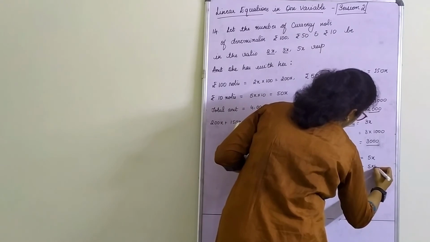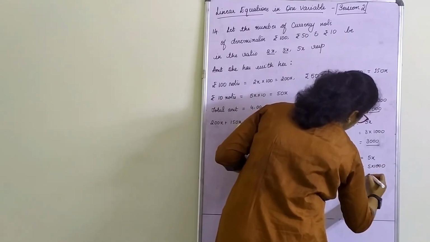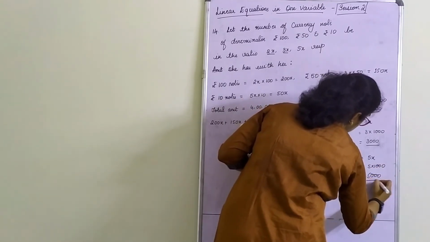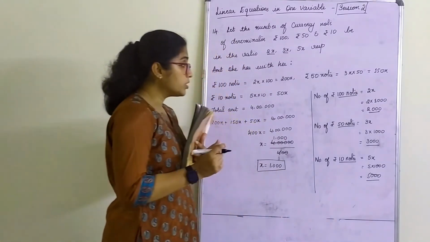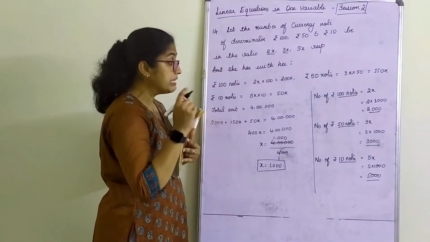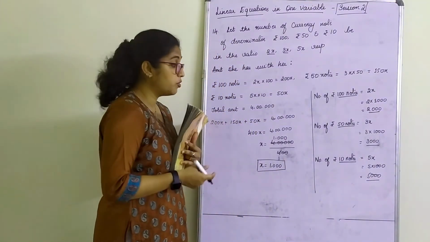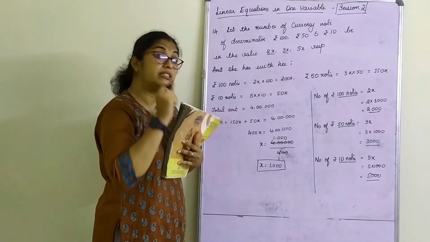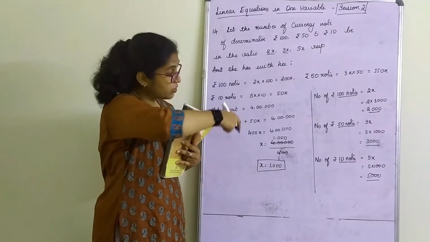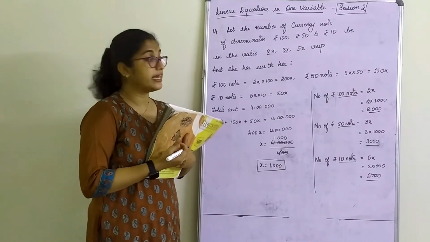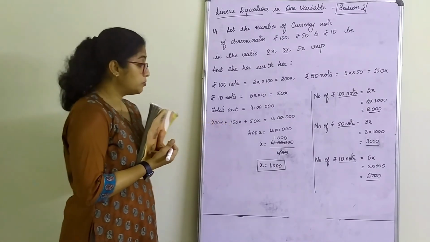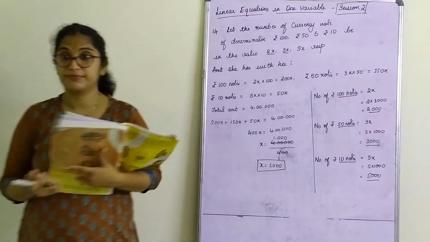So 5 into 1000, 5000. That means she has 2000 100 rupee notes, 3000 50 rupee notes and 5000 10 rupee notes. These are the number of notes of each denomination Lakshmi the cashier has with her. So please copy this down neatly.